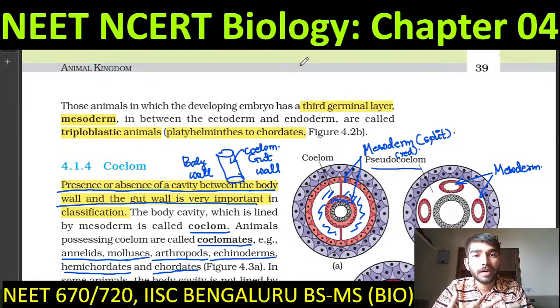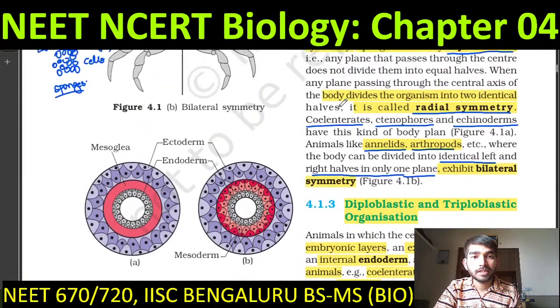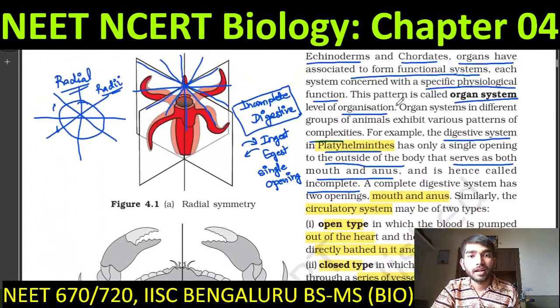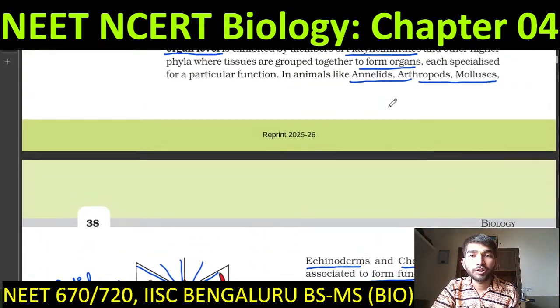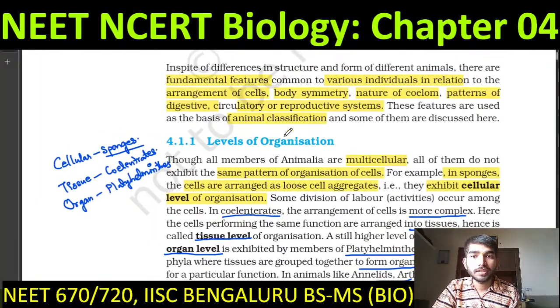Example of acoelomate, Platyhelminthes; example of pseudocoelomate, Aschelminthes; and example of coelomates, everything from Annelida to the last group that we know. Then diploblastic and triploblastic organization, we studied this. We studied symmetry, three different kinds: asymmetrical, bilateral symmetry, and radial symmetry. And different levels of body organization like cellular level, tissue level, organ system level.